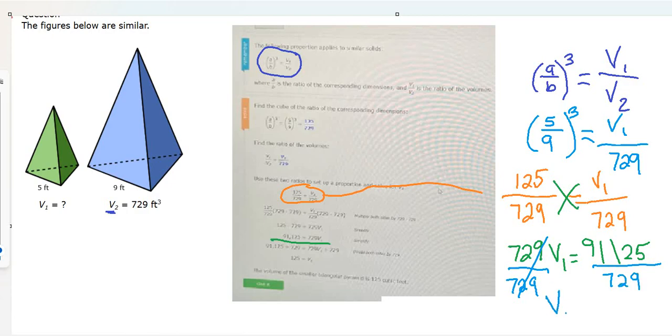So now we have V1 equals 125 divided by 729. Yep, that's the answer, and you can see that answer is right here.